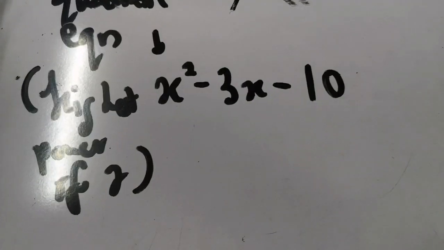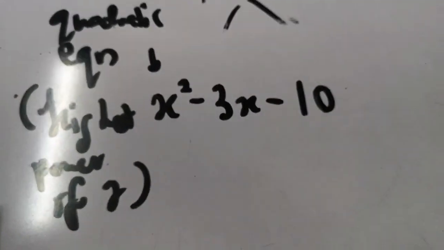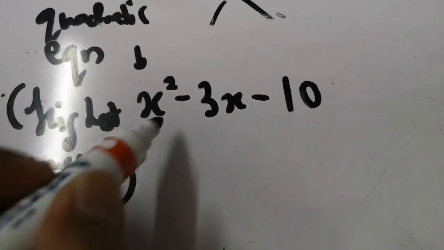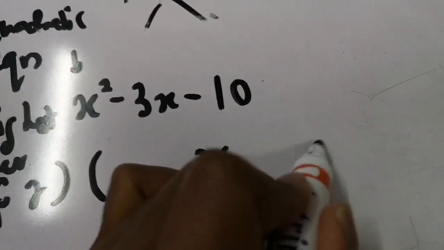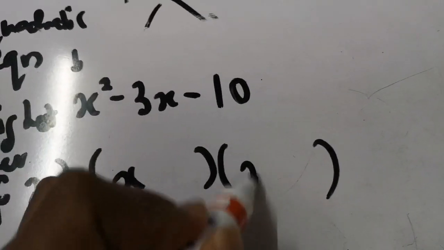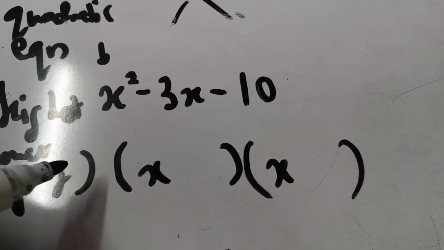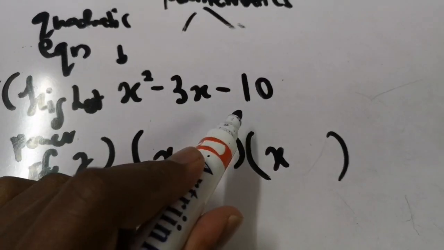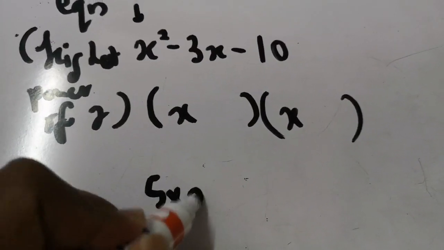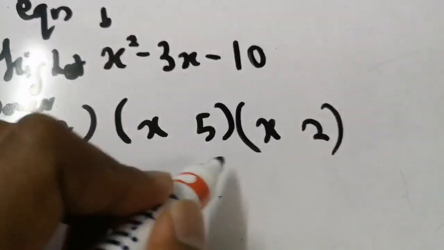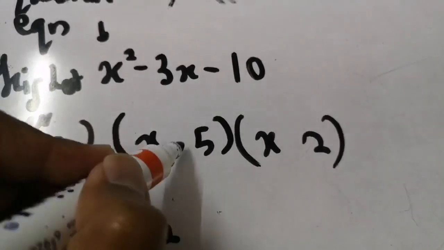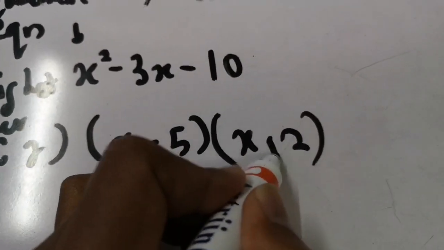How are we going to factorize it? Look at it first. We are going to separate them, so we have 2 boxes, first x and x. What is the factor of 10? 10 is 5 times 2. To make negative 3, that means negative 5 plus 2.